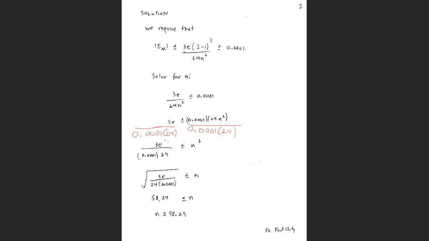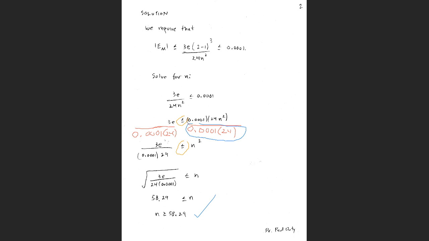But the inequality didn't switch signs here. The inequality stayed less than or equal to. Why didn't it switch signs? You weren't dividing by a negative. That's right. Good, Maria. I'm dividing by a positive. Whatever value 0.0001 times 24 is, it's a positive value, so the inequality doesn't switch. Now, n is greater than or equal to 58.29.